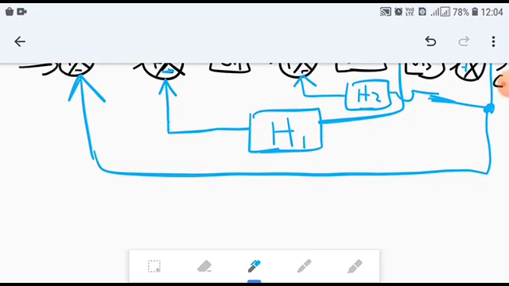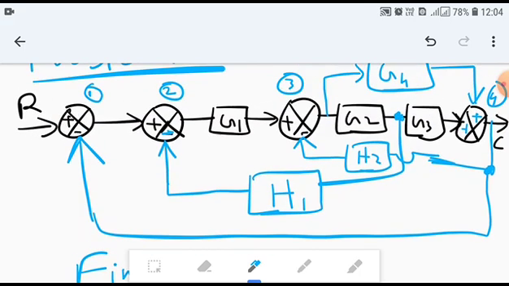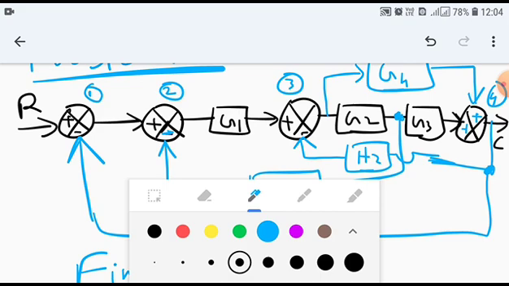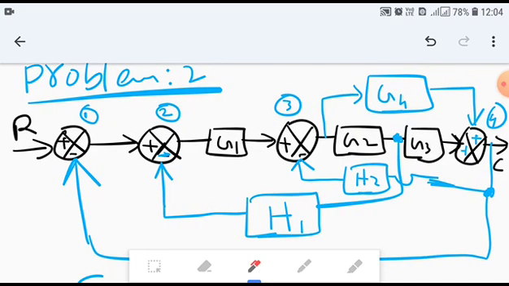And what the problem is asking is to find C by R, that is called the transfer function of the given complete block diagram, output by input they are asking to find. So we have to adjust the location of the branch points, which are called takeoff points, by observing the block first.